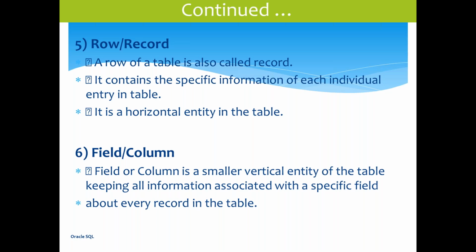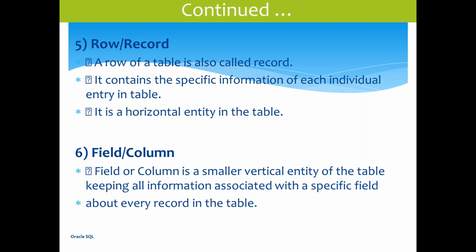If you are taking a field or column, you can take an Excel sheet as an example: student roll number, student name, total marks, address, phone number. These are some information about students. In one column, roll number is mentioned, so all the students' roll numbers are present in that column: 1, 2, 3, 4, 5, 6, 7, 8. In another column, the student's name is there: Ram, Dam, Syam, Soni, Rakesh, those names will be mentioned.